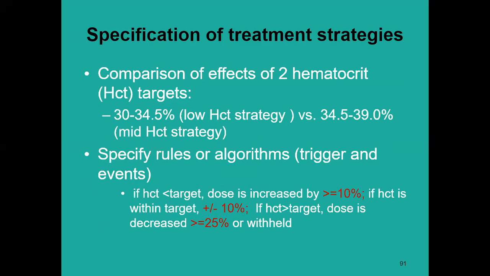I use these slides to show how we define the treatment strategies used in this study with the IPW approach. So we compared the effects of 2 hematocrit targets, like I said earlier, where we specify rules or algorithms.